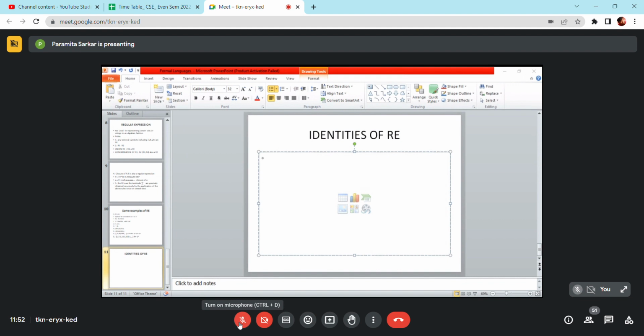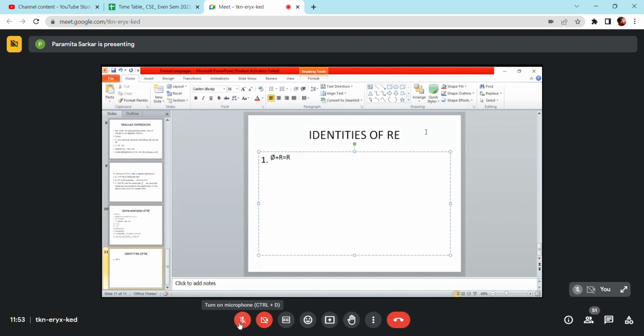Now the first identity is phi plus r. What is r? Let's take r as a symbol which denotes a regular expression. So phi plus r equals r.